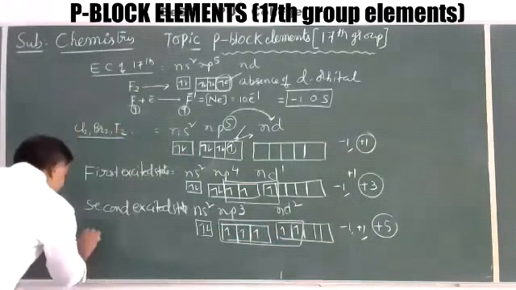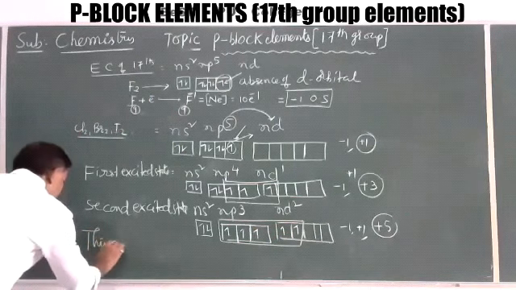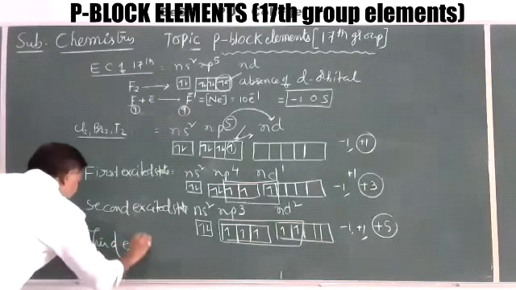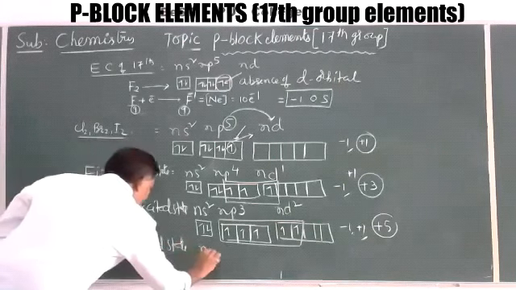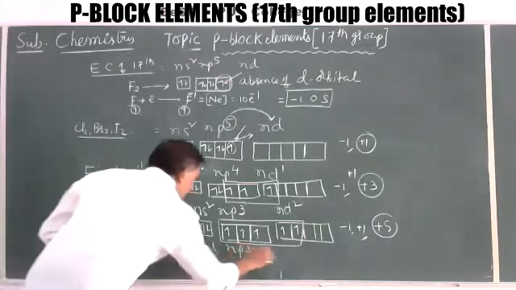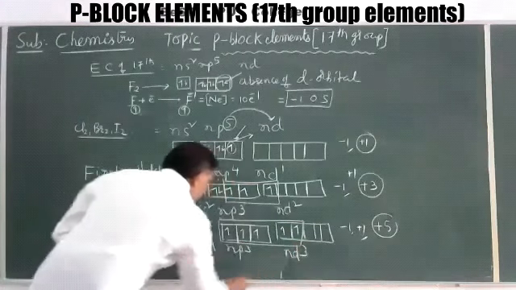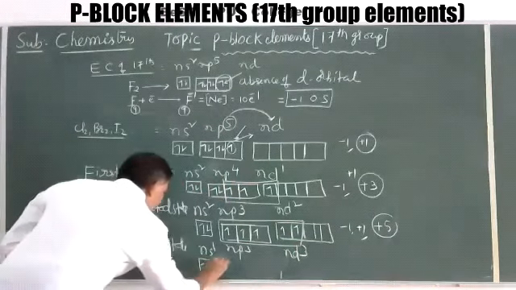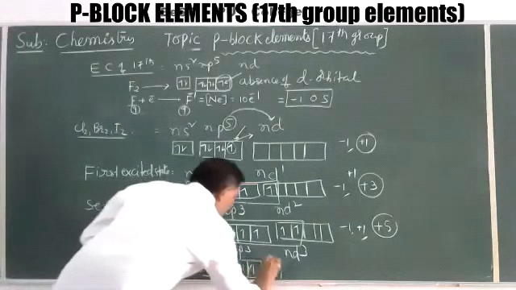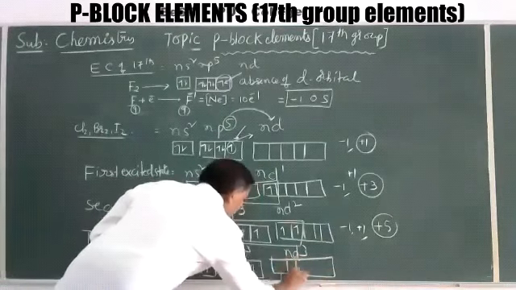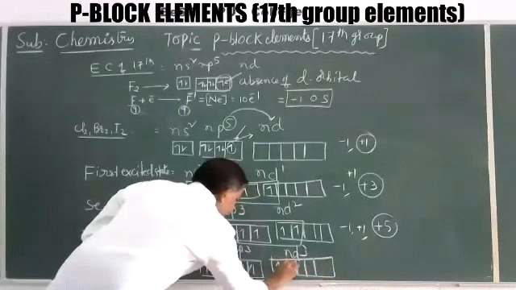Then the third excited state. In this third excited state, its electronic configuration is ns1 np3 nd3, with 1 electron unpaired in s and 3 electrons unpaired in p, and 3 unpaired electrons in d.